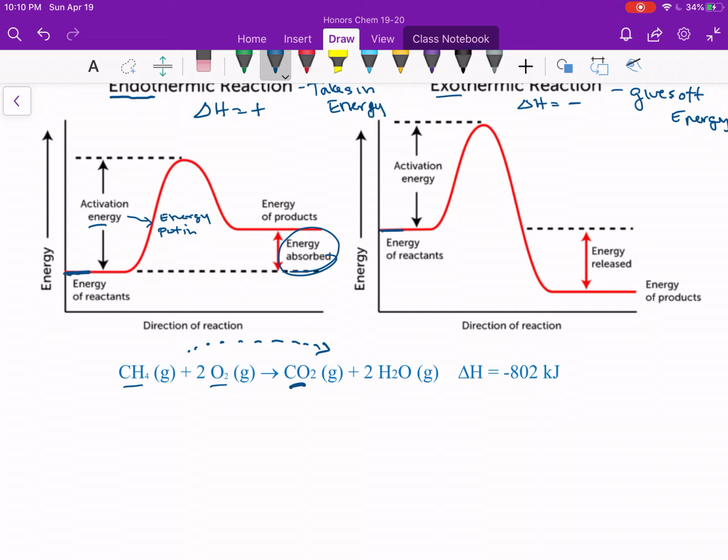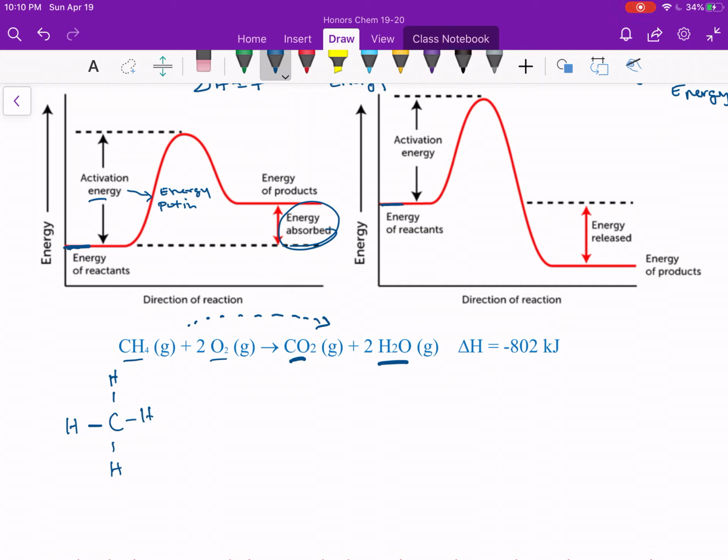Okay, and so what's going on is if we draw the Lewis dot structure for methane, we see that methane would have 4 single bonds with hydrogen, and oxygen is actually going to have some double bonds, right? Now, this is what they are, but we don't want those. We need to get them over here to be CO2, or H2O.